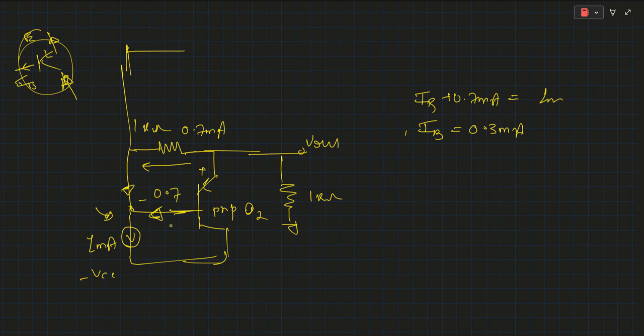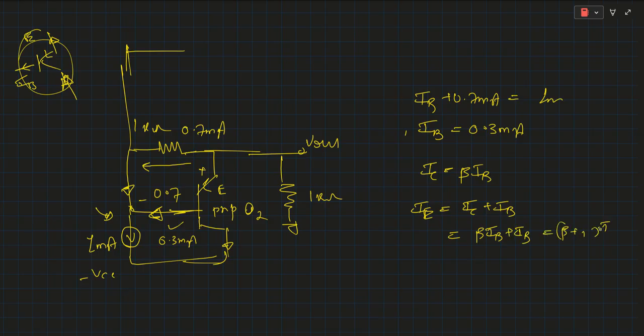Now this direction of the current is correct, and the current is 0.3 milliampere. We know the relationship between the collector current and the base current. The collector current is beta times the base current, and the emitter current is the collector current plus the base current, which gives (beta plus 1) IB.